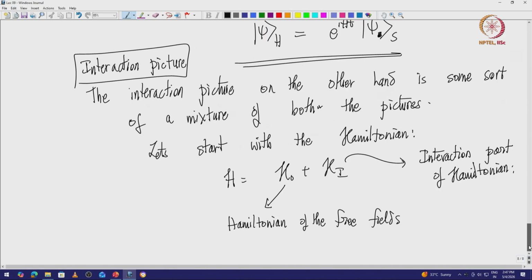In all the cases we will deal with, L_int is equal to H_int, given as normal ordered products. I will come to the dots later. So the interaction picture Hamiltonian H_I is nothing but H_int.